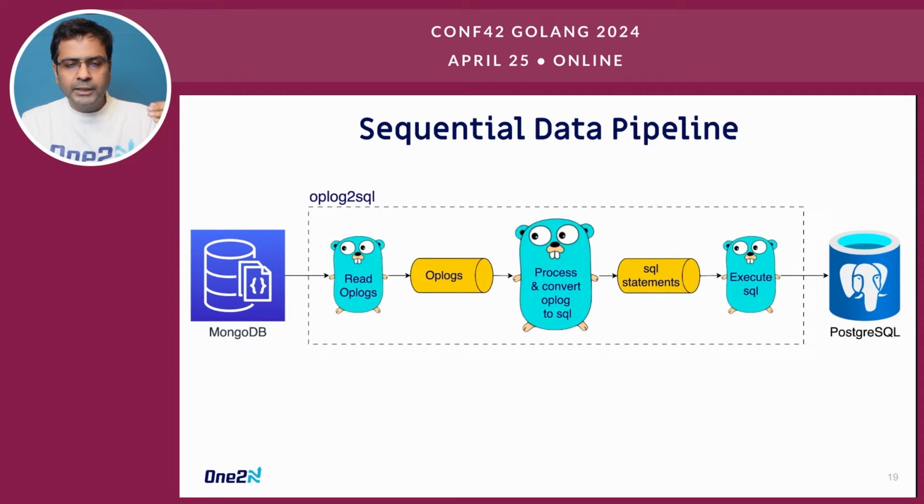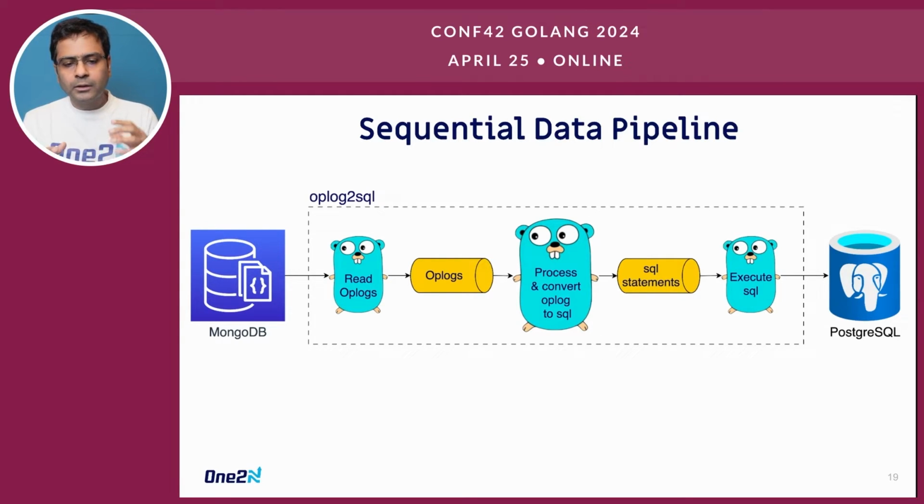There's going to be a Go routine which can read these oplogs. It's going to put these oplogs into a channel. There'll be another Go routine which will read from this channel and process the oplogs into SQL format. That's what we saw just now, right? How we can convert a single oplog into n SQL statements.